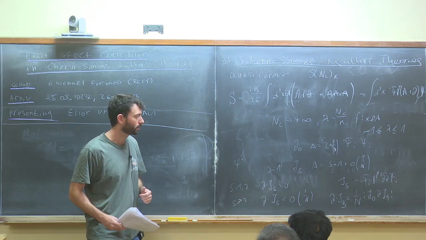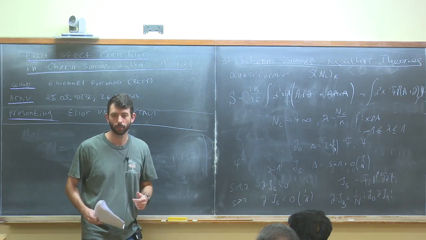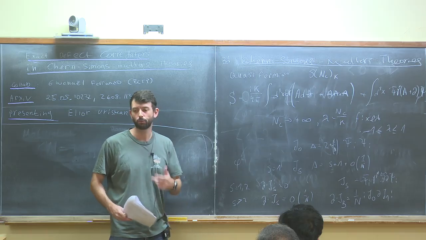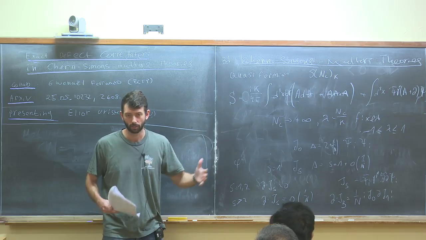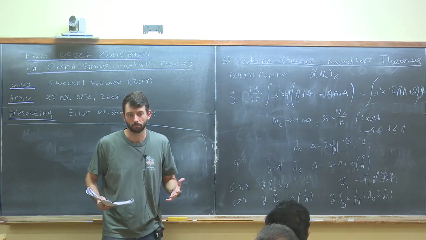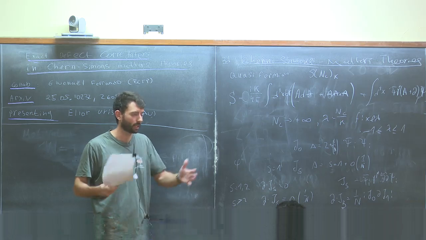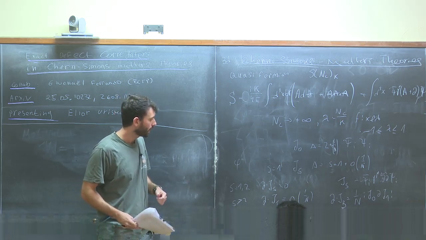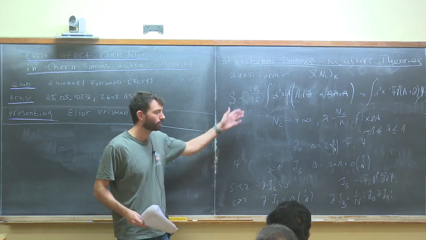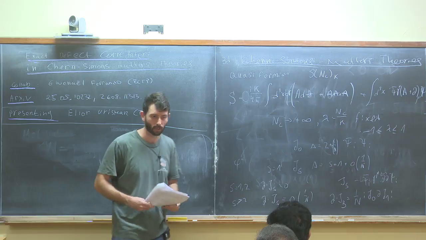Together with large N factorization, they were able to fix all the 3-point functions of all single trace operators in this theory as a function of 2 parameters, which they called lambda tilde and N tilde. These are just the 2 parameters left over after relating everything, and you can do a field theory computation and relate them to N_c and lambda by some functions.